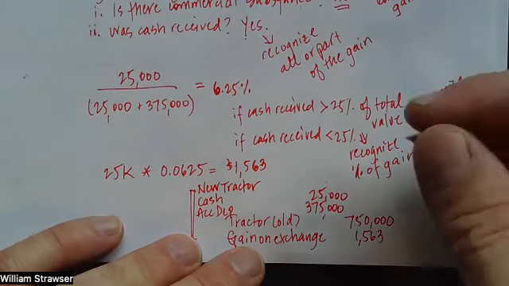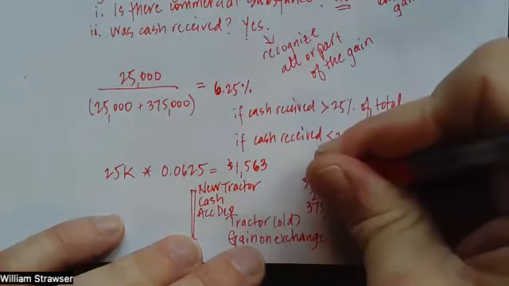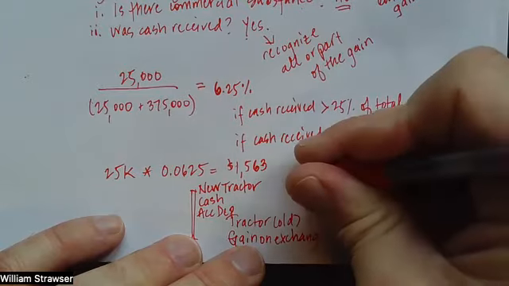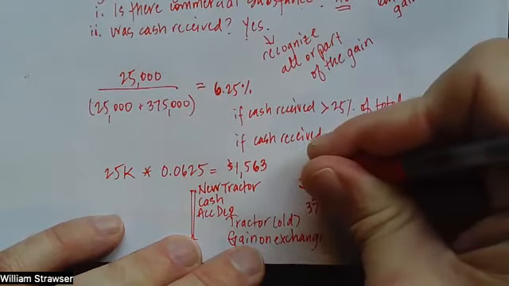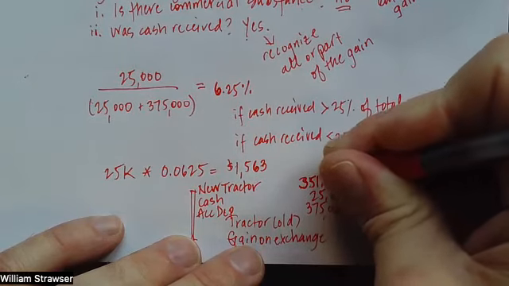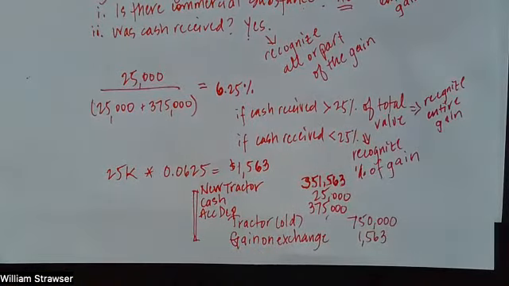So the new amount is going to be $351,563. So I record a little bit less of a gain, and I also have a little bit lower value on the new tractor because of the lack of commercial substance, right?